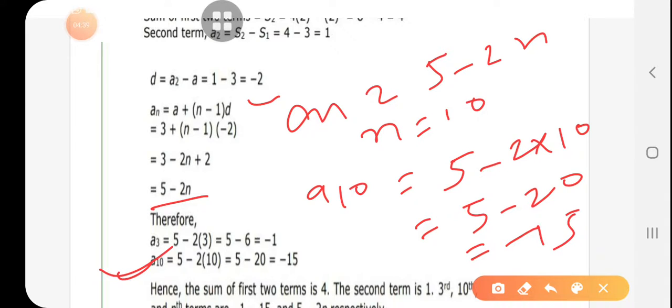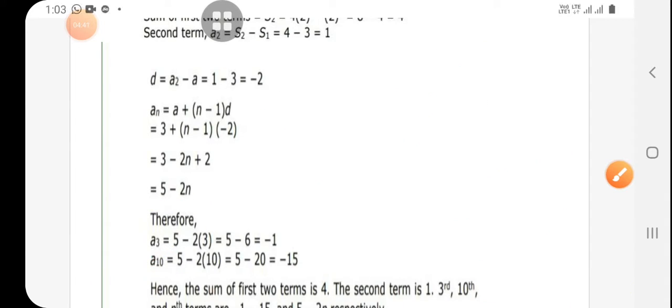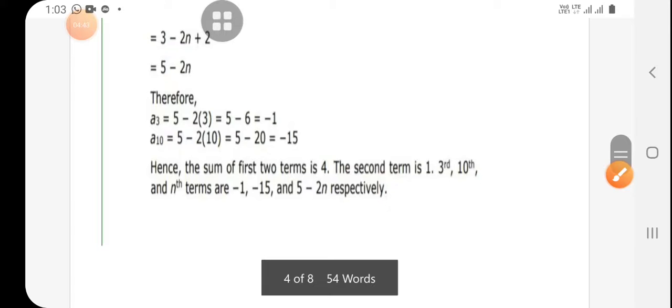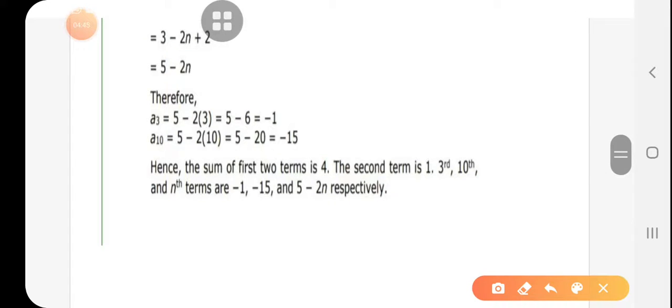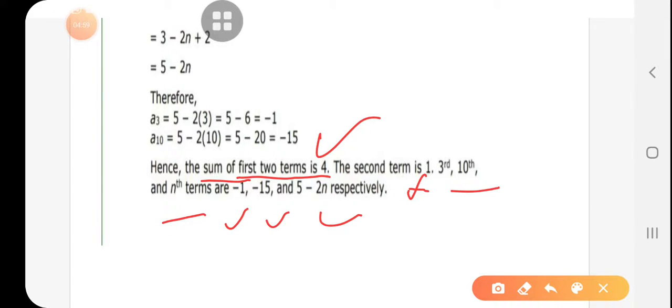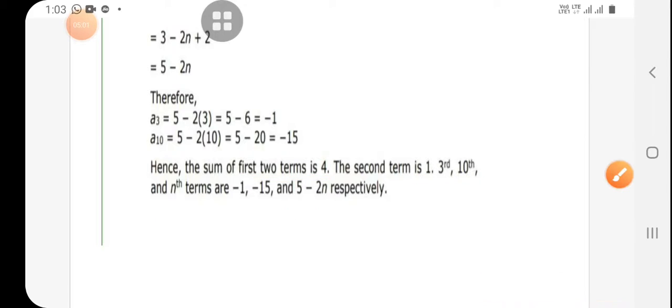So a10 is equal to minus 15. These are the things which you have to find out. I have written here the sum of the first two terms, that is 4, already found, and the second term, that is 1, and the third and tenth terms are minus 1 and minus 15, and the nth term is 5 minus 2n, which is already found. This is the answer. Thank you.